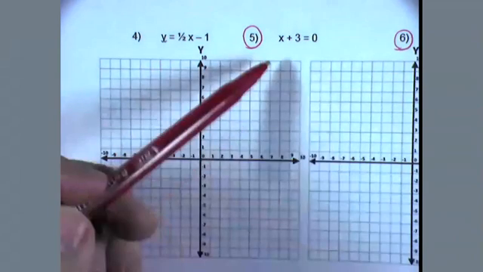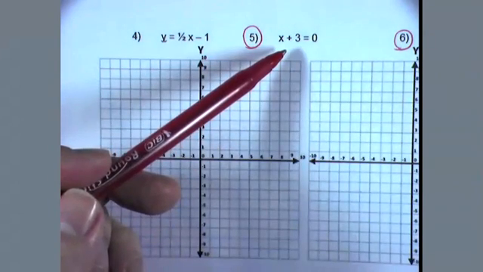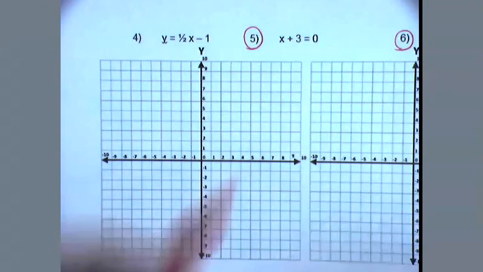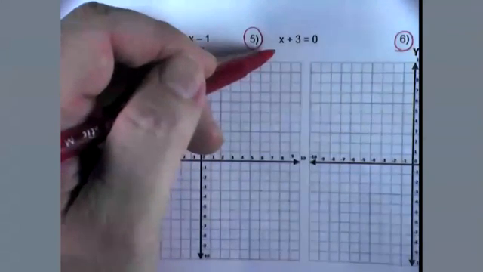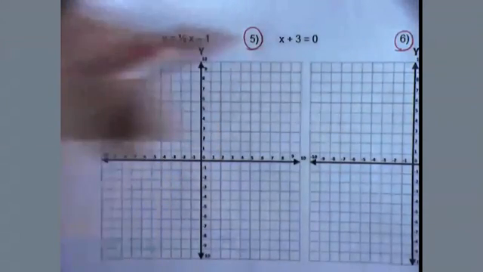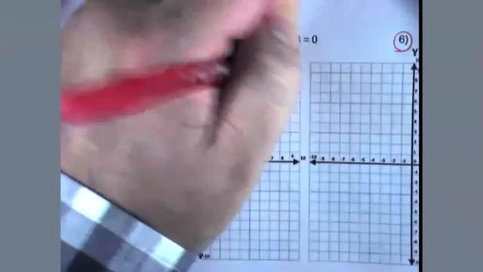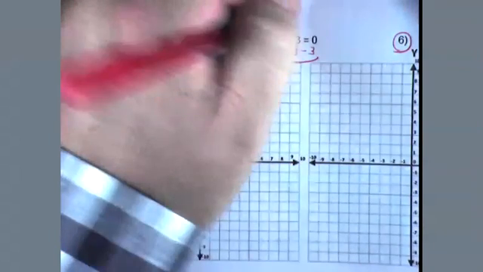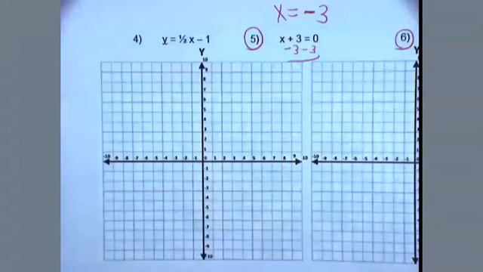All we have to do here is graph this equation, x plus 3 equal to 0. Well, we have to solve the equation and get x by itself first. So subtract 3 from both sides. And the equation that we're trying to graph is the line x equal to negative 3.